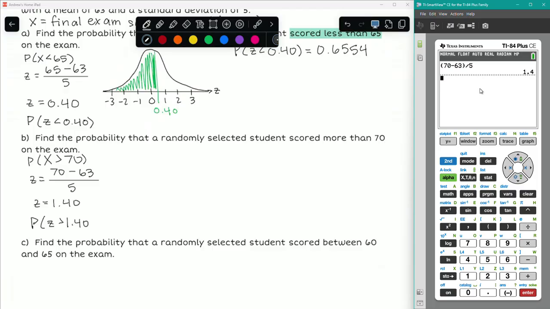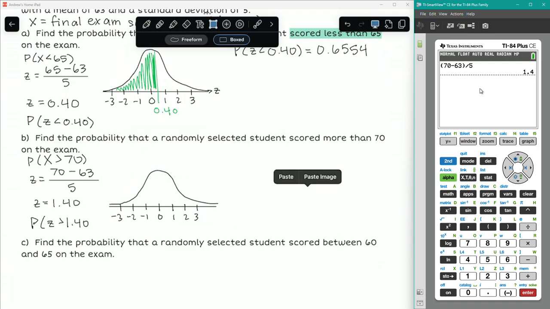So looking at our normal distribution, I'm going to mark my boundary value.